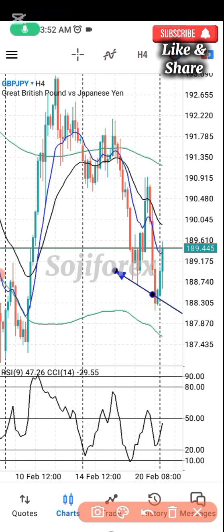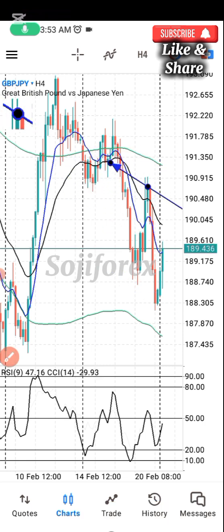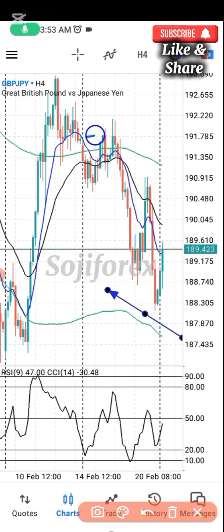The second thing I want us to take note of is that this particular Middle Bollinger Band line is to be treated as a zone and not a line. Please don't treat this Middle Bollinger Band as a line. What that means in essence is that any movement of price around here and around here, around the perimeter of the Middle Bollinger Band, is as well treated as price touching the Middle Bollinger Band.